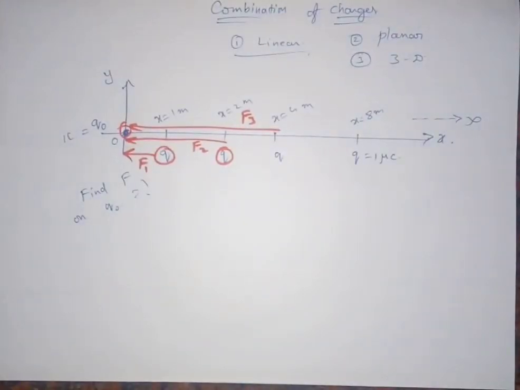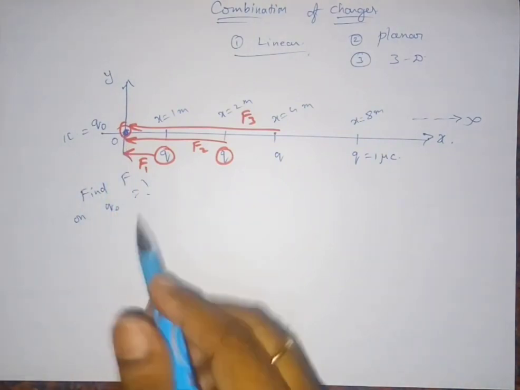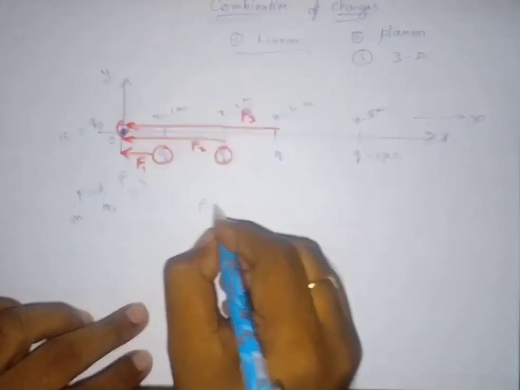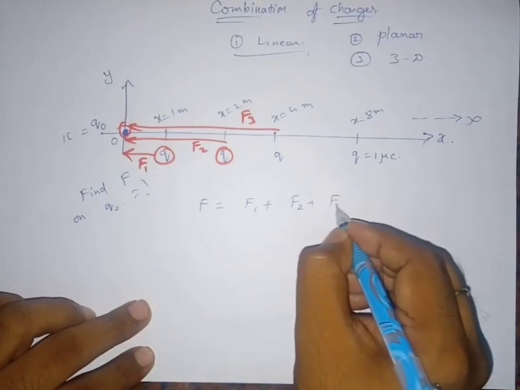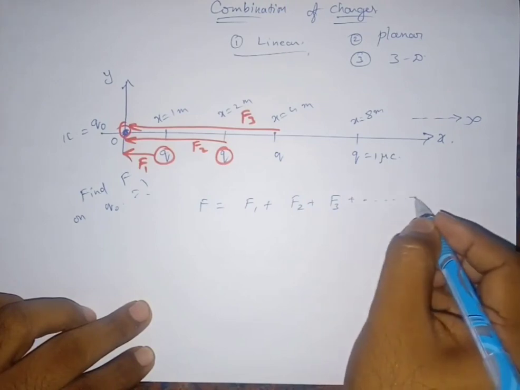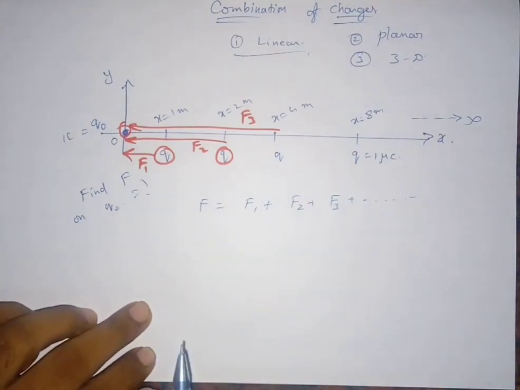All are going to repel it because they are all like charges, and we are calculating the force only on the charge present at the origin. So what is the force then? It is the combination of all of them, and it is just a simple addition because they are all in the same direction.